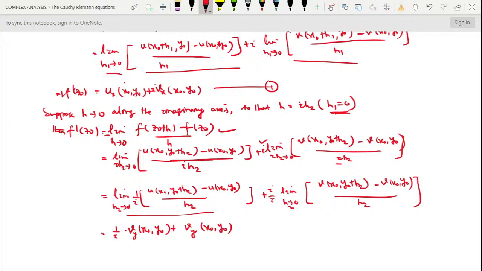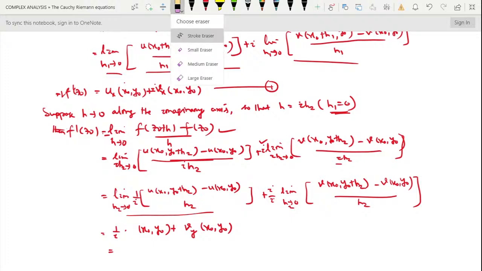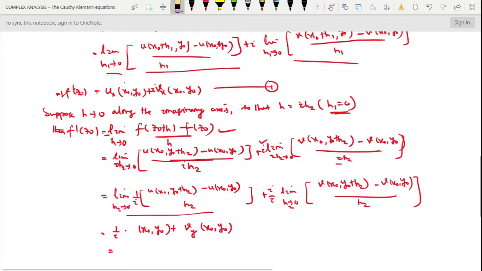And this first one here is u_y of x naught y naught, with 1 by i.